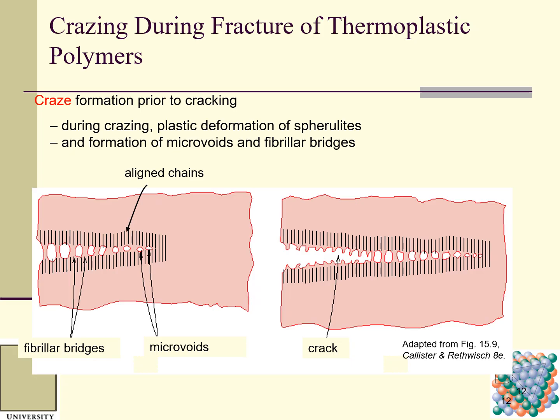What are spherulites? Spherulites are just like spheres. There is formation of microvoids and fibrillar bridges. And so this is the crack. When the microvoids come together, we have a bigger crack.